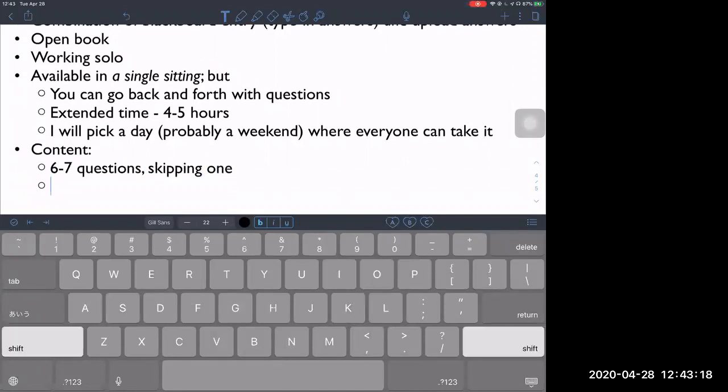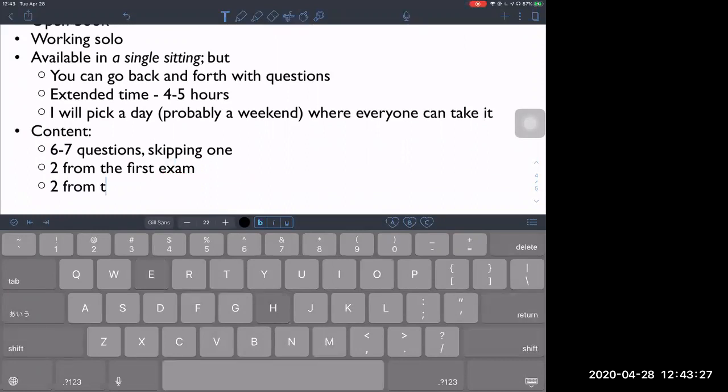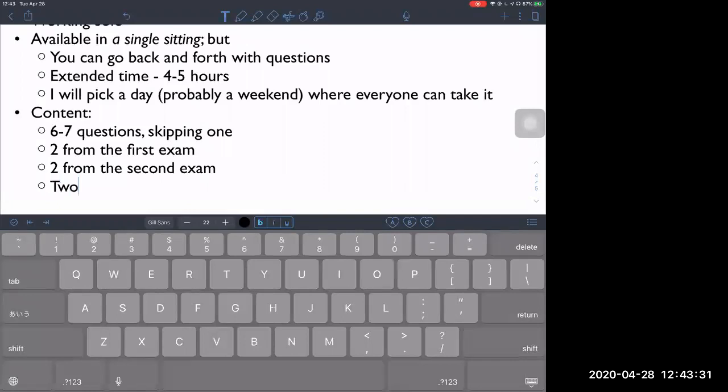Generally, this is how I do it: 2 from the first exam, 2 from the second exam, and 2 modeling problems. I'm pretty sure you guys know which one to skip, right? But don't be surprised, there are actually people that do 2 of the modeling problems, for an example.